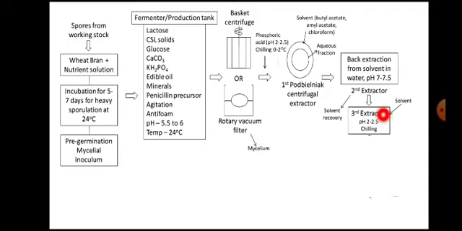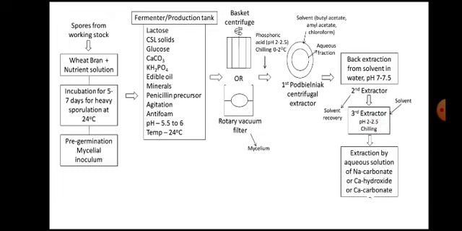And finally, the extraction is done using water containing salt, so there can be addition of sodium carbonate, calcium hydroxide or calcium carbonate, so that penicillin will get converted into salt form.